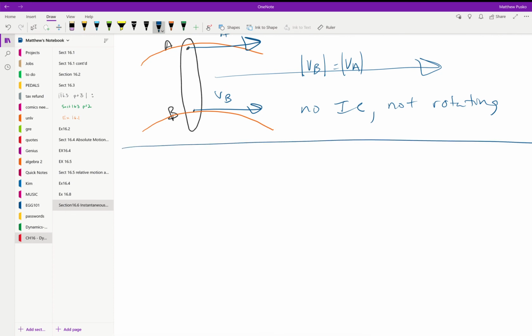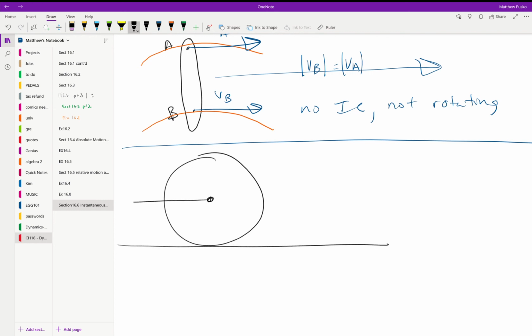Okay, just a quick one, what about a rolling wheel? So, have a wheel, it's on the ground. This thing has a center of mass, we'll call G, and it has some velocity of G, and it is rotating with some omega. If we know R, we can also figure out what r of G with respect to the instantaneous center is, because our perpendicular is giving us an instantaneous center right here.